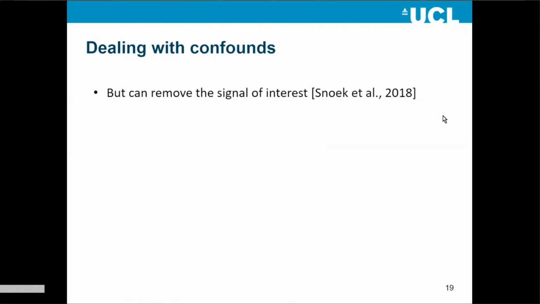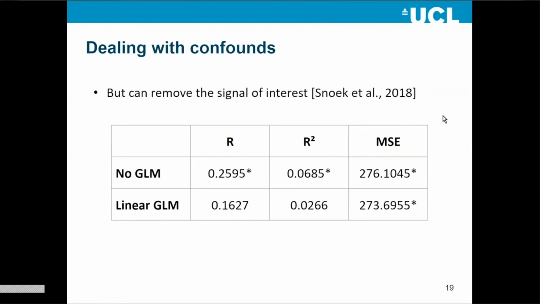The first thing is the GLM can remove the signal of interest. We see it in this example I've just shown, where if you don't remove the confounds, you get significant values, in this case for the anxiety score, so it's a regression problem. We get significant values for the correlation between targets and predictions, R squared and mean squared error.